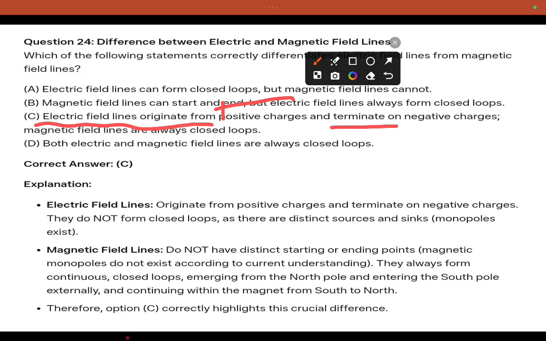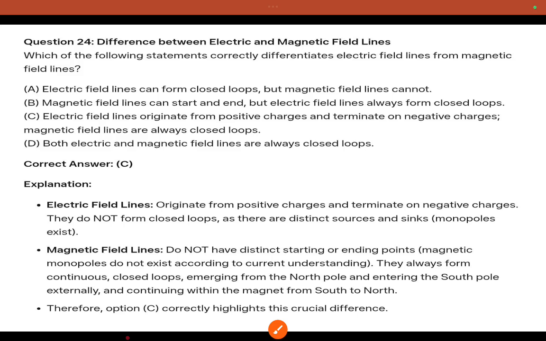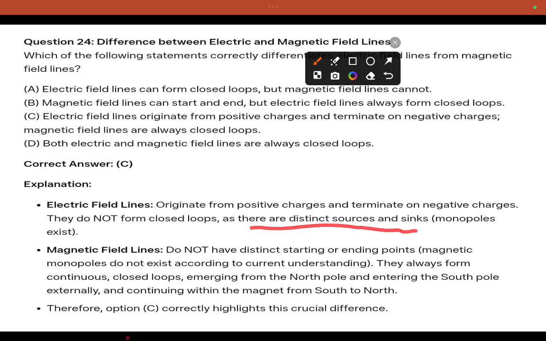Magnetic field lines always form closed loops. Electric field lines do not form closed loops, as there are distinct sources and sinks.